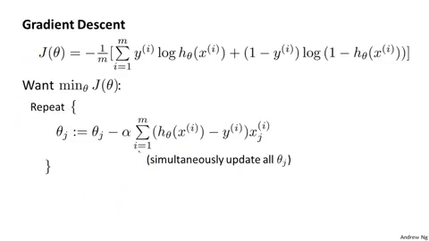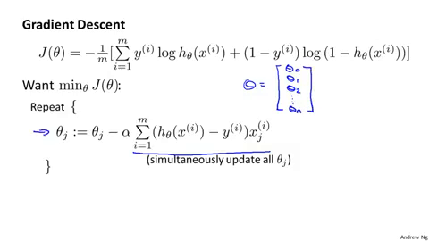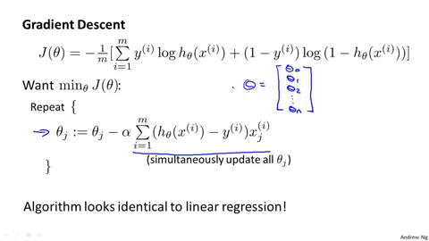All I've done is take the derivative term from the previous slide and plug it in. If you have n features, you would have a parameter vector theta with parameters theta 0, theta 1, theta 2, down to theta n, and you would use this update to simultaneously update all of your values of theta.